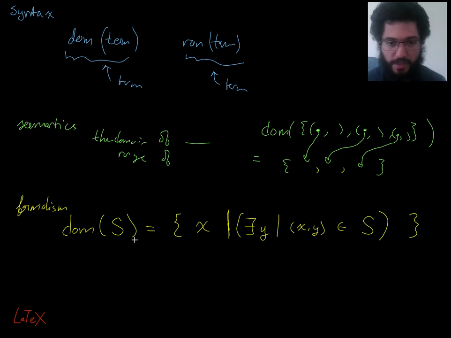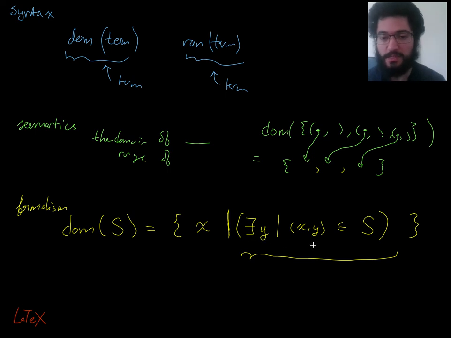Okay, so reading this in English, as usual, I recommend trying to read it from the inside out. So first read this condition. If I do mention the bound variable, then I would read it as there exists a y such that the pair (x, y) is in S. But now I want to read this without mentioning the bound variable y.